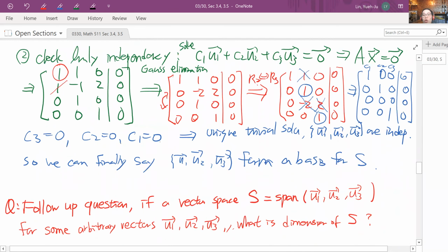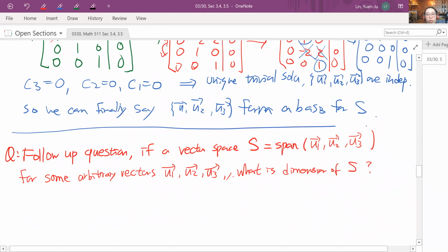So my follow-up question is the following. If I have a different vector space, let me use different notation, since this is a different question.